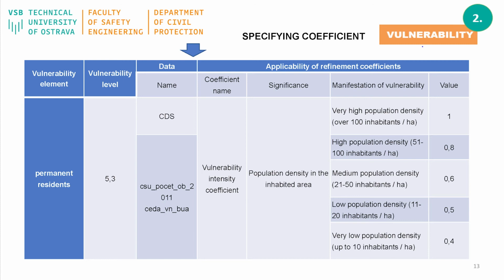And here you can see the vulnerability level. This is data. We have special data in the Czech Republic. Here is the coefficient name, and here is the measure, for example how many inhabitants are inside the building. And here is the value.